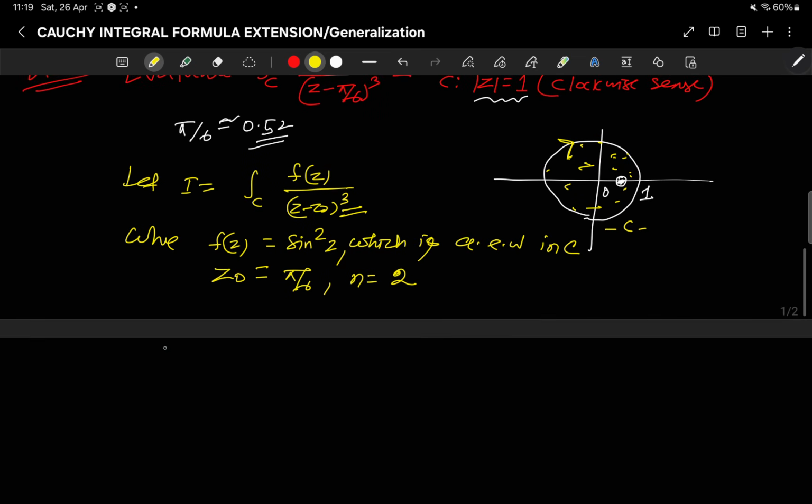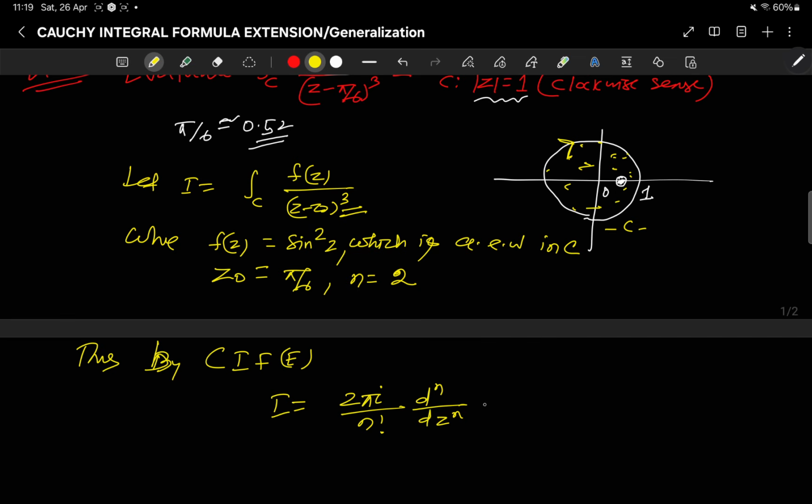So by the Cauchy integral formula extension, the integral I will be equal to 2 pi i by factorial n, the nth derivative d^n by dz^n of f(z) at the point z0.